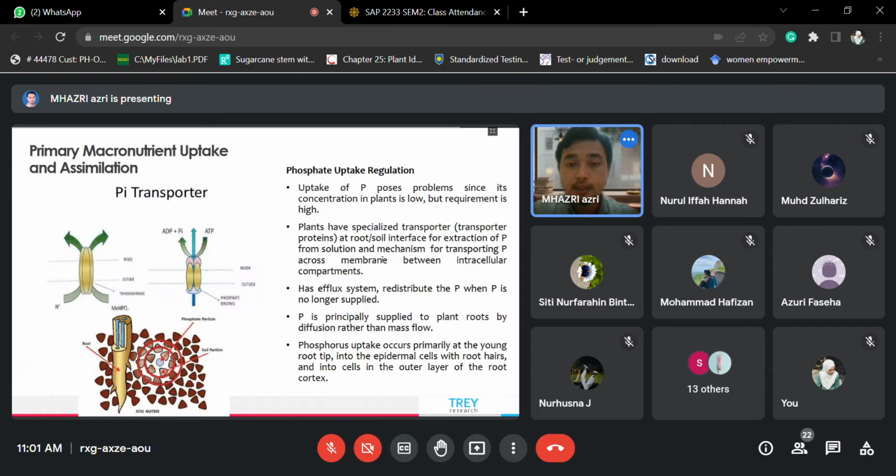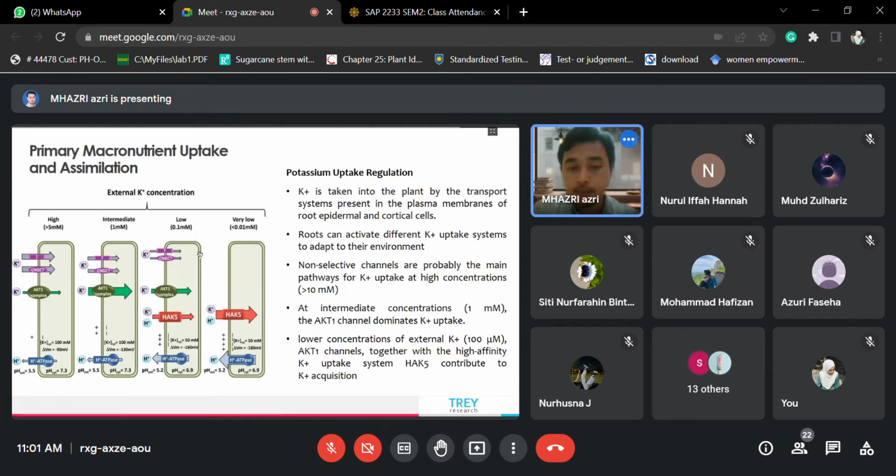Phosphorus uptake, okay, requires energy by specialized transporters. Same goes to potassium ions. Okay, so potassium is taken into the plant by transport systems present in plasma membranes of root epidermal and cortical cells. Roots can activate different potassium uptake systems to adapt to their environments.